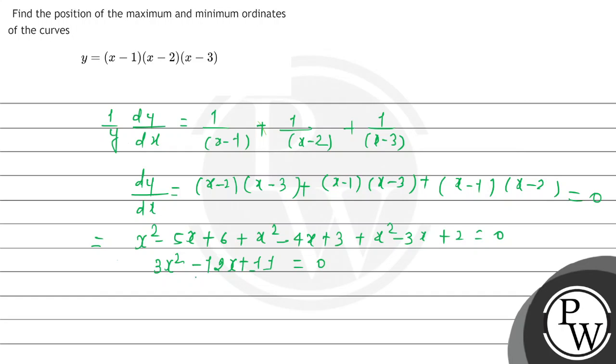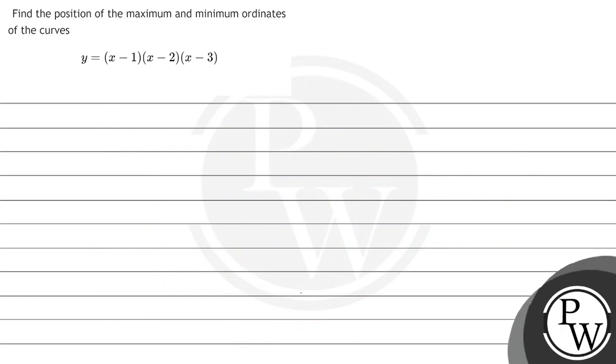In order to find out the roots, we'll use the Sridharacharya formula. We know the formula is x = (−b ± √(b² − 4ac)) / 2a. So let's put in all the values.